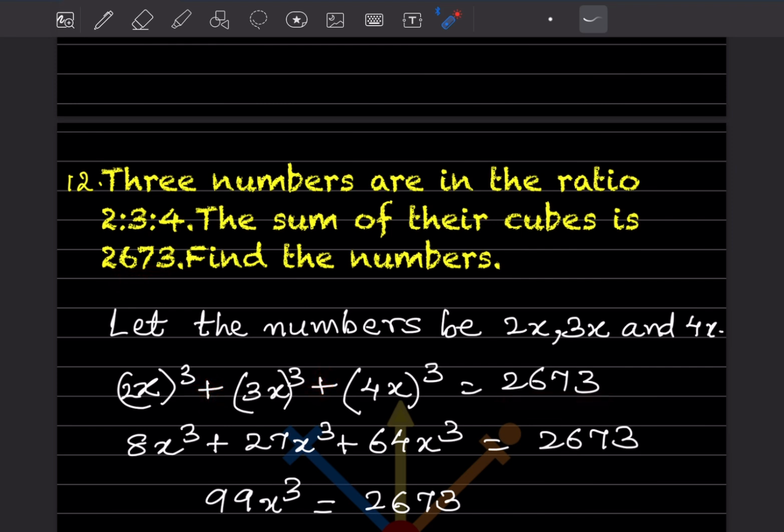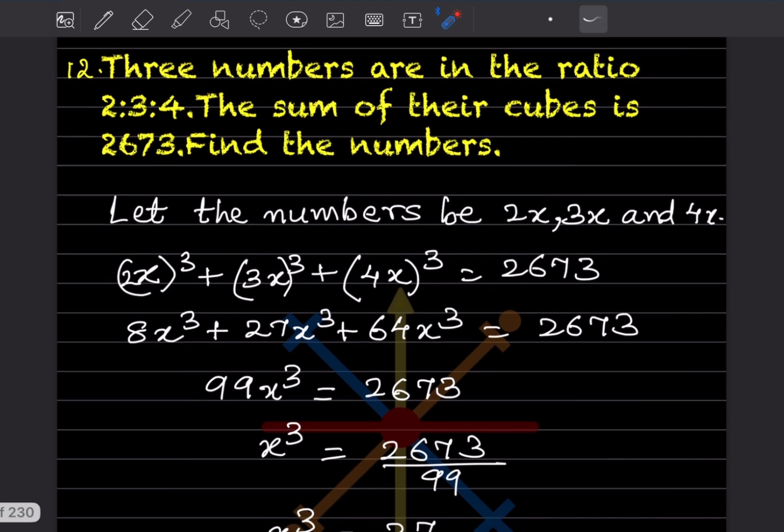So now what will you do? 2 cube means 2 into 2 into 2, that is 8, and x cube. Again 3 cube means 3 into 3 into 3, that is 27 x cube. And 4 cube means 4 into 4 into 4, that is 64 x cube. This step is very important, that is 2673.